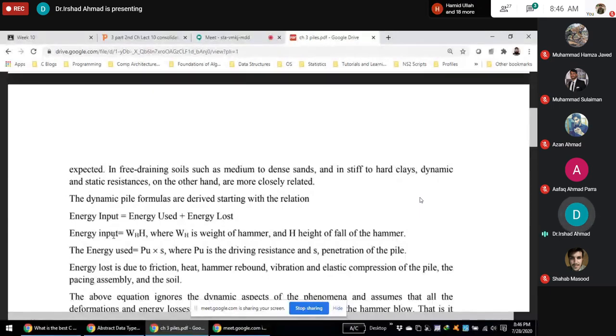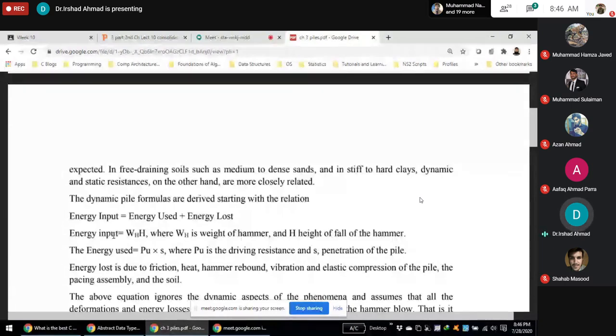So this is the very basic equation for the dynamic pile formula, in which you equate energy input to the energy used plus energy lost. Energy lost is due to the rebound of the hammer, elastic compression of the pile and of the soil, generation of temperature, heat, right? All of these are the energy losses.